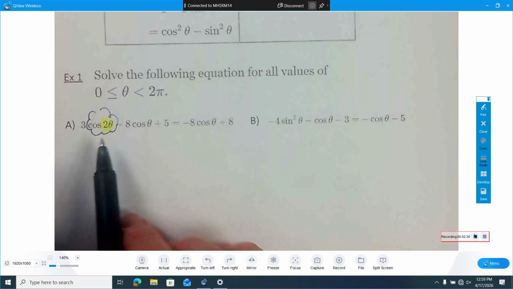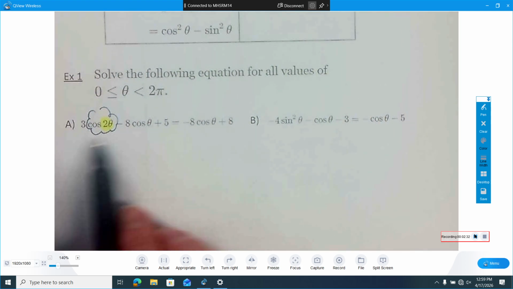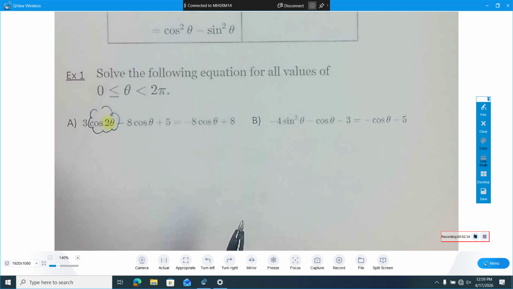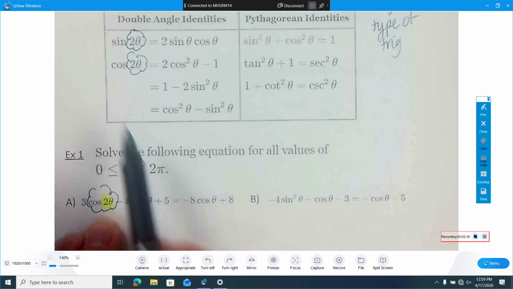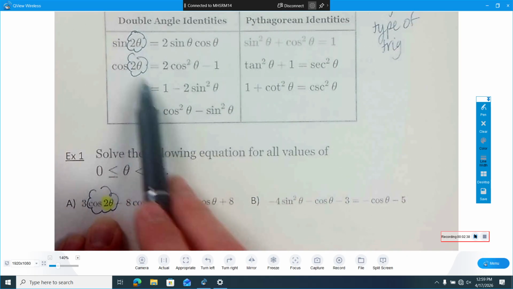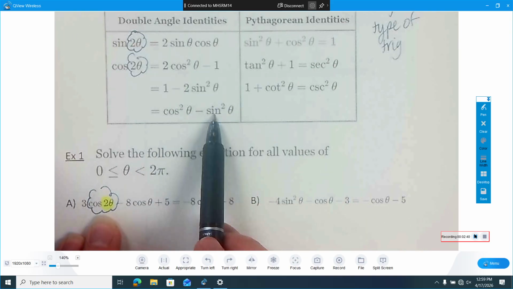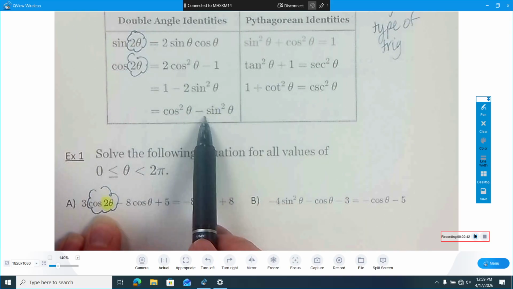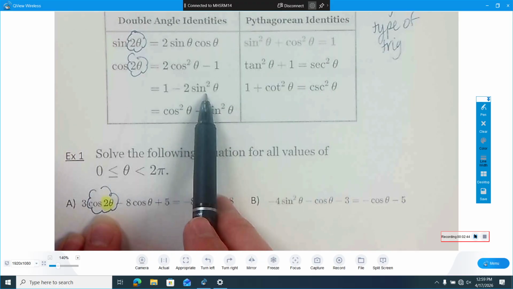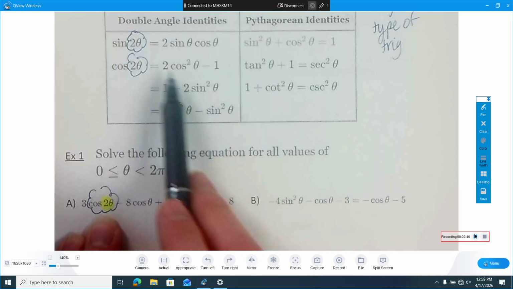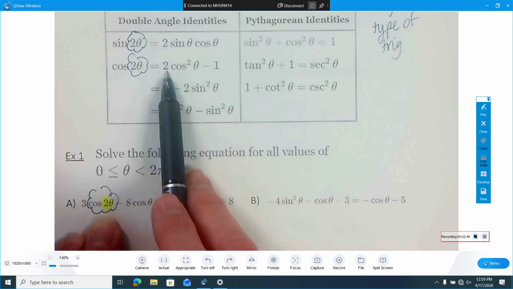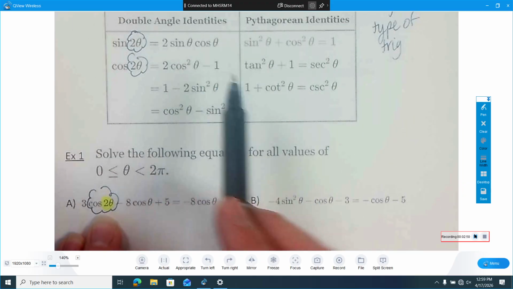Now, you'll notice everything else in this equation is cosine. So when I go up and I'm going to do a little substitution for cosine 2 theta, I don't want to choose this one because then I'm mixing cosines and sines. I don't want to choose this one for the same reason, now I'm putting a sine in. So I'm going to substitute with 2 cosine squared theta minus 1.